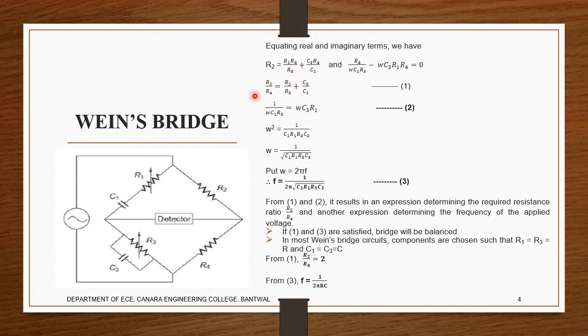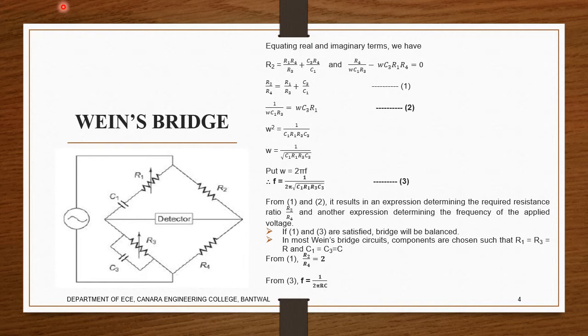Simplifying the terms, R4 will be common. R2 by R4 is equal to R1 by R3 plus C3 by C1. That is equation 1. In the imaginary part, R4 and R4 get cancelled, so 1 by omega C1 R3 is equal to omega C3 R1. This is equation 2. So omega square is equal to 1 by C1 R1 R3 C3.